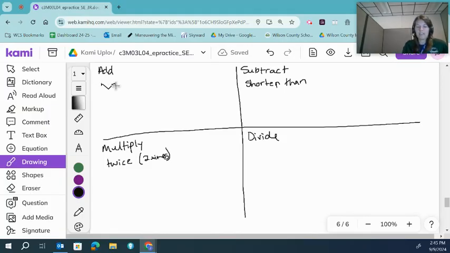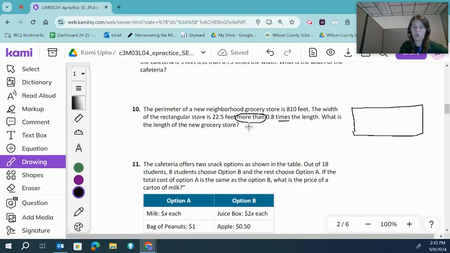More than is also a turnaround word. So you're going to reverse the order when we write that. So we have the length and then we have 0.8 or 8/10 times the length plus the 22.5 feet.